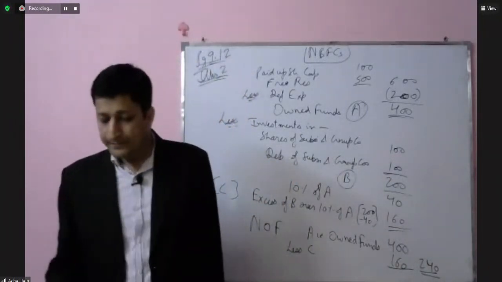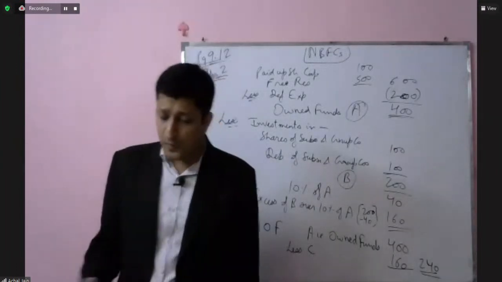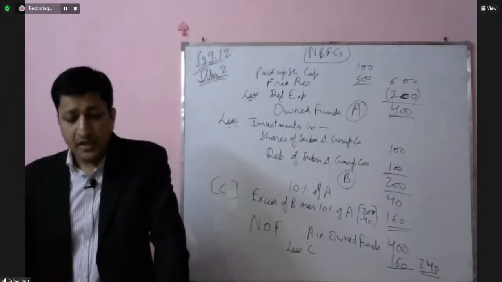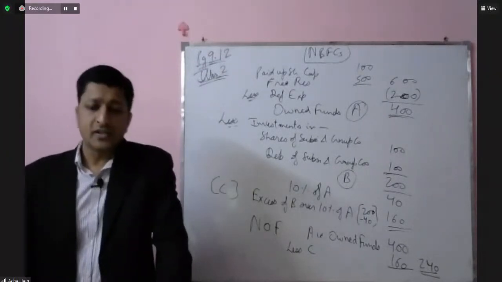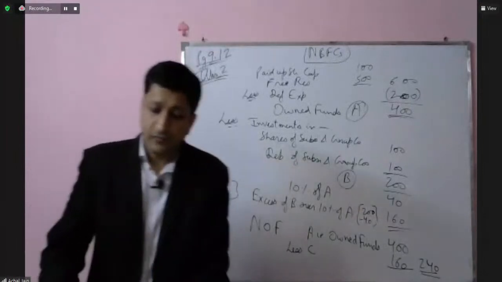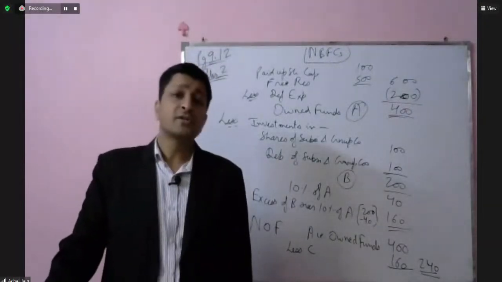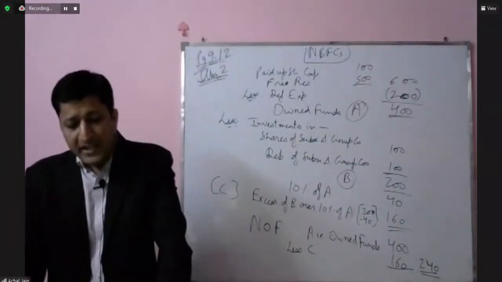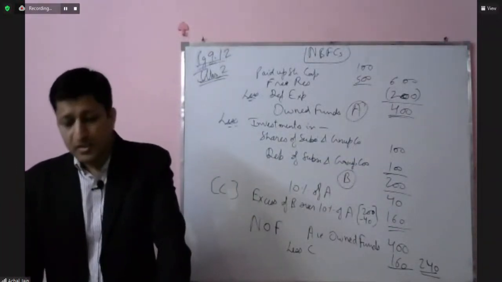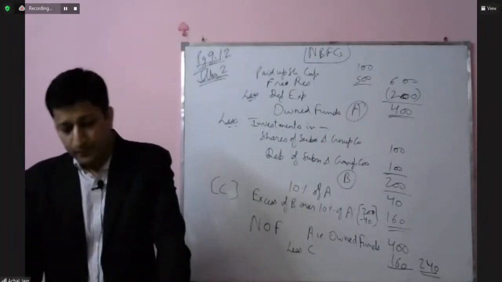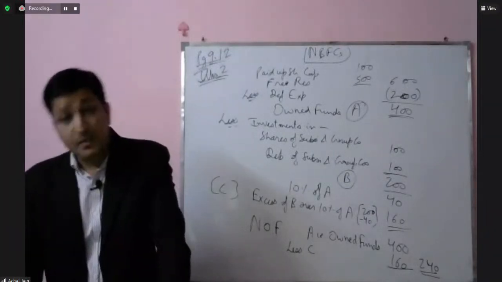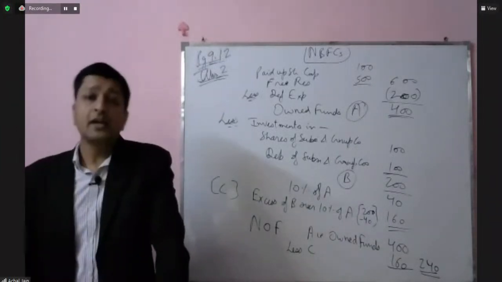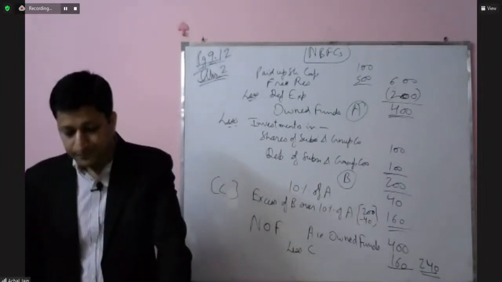Now moving further onto the prudential norms, we discussed that NBFCs can be categorized on the basis of directions which are applicable to them. Directions are like regulations. One, we have NBFC which is non-systemically important non-deposit taking. Then we have NBFC which is systemically important non-deposit taking. And then we have deposit taking NBFC.